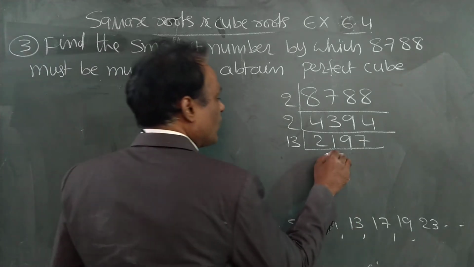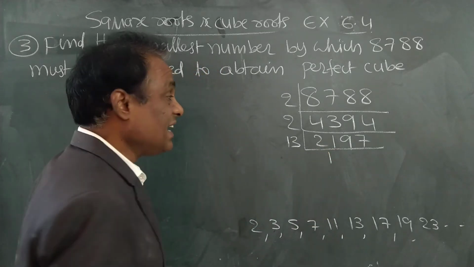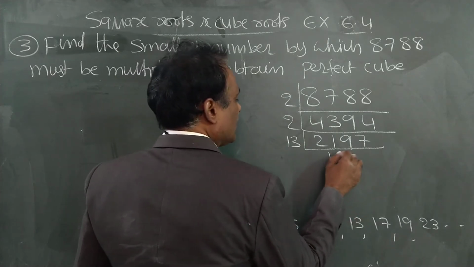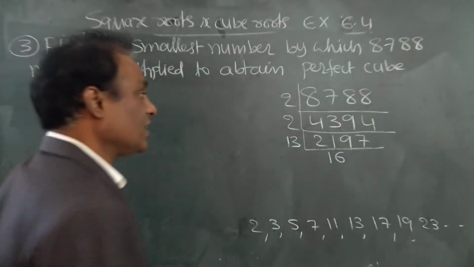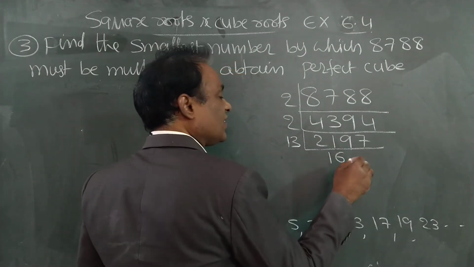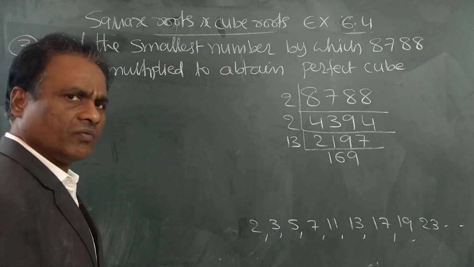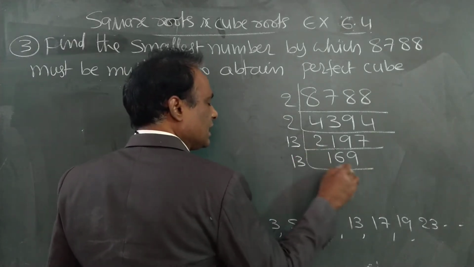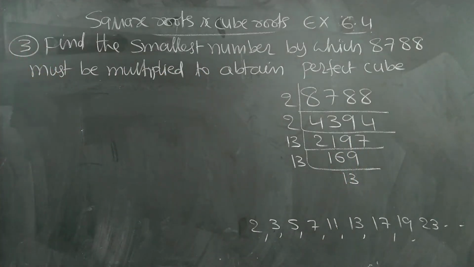So 13 ones are 13. 21 minus 13 is 8, 89. 13 6s are 78. 89 minus 78 is 11, 117. 13 nines are 117. Next with 13. 13 13s are 169.